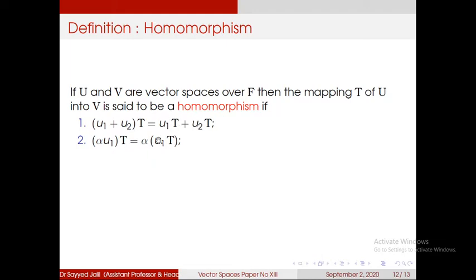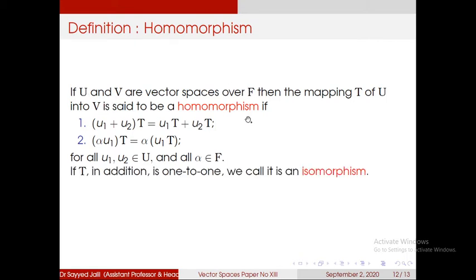If this holds, then we say that T is a vector space homomorphism from U to V, for all U1, U2 belonging to the domain U and alpha in F, where U and V are vector spaces over the same field F. So keep in mind that the fields are the same for both domain and codomain.